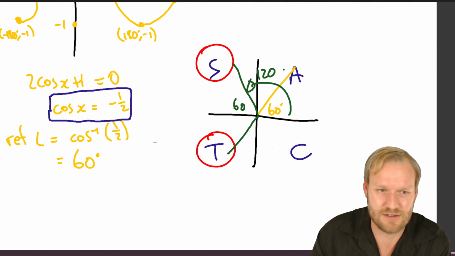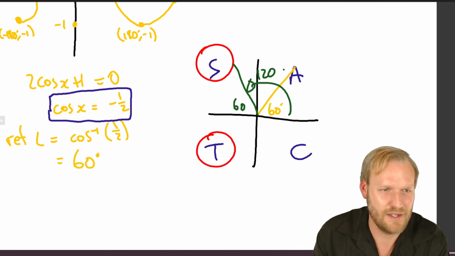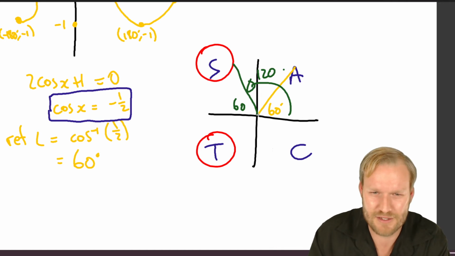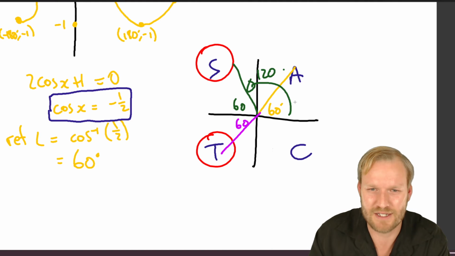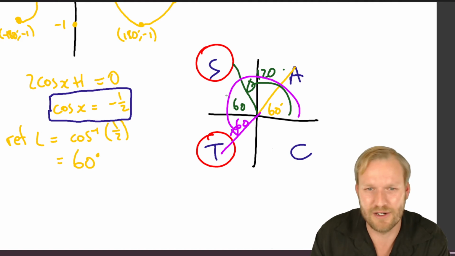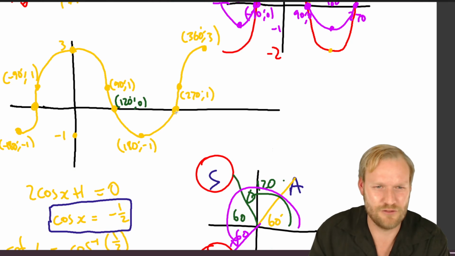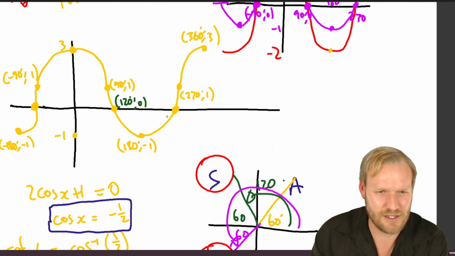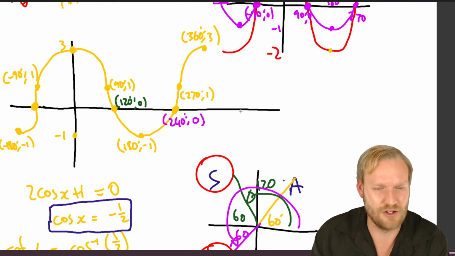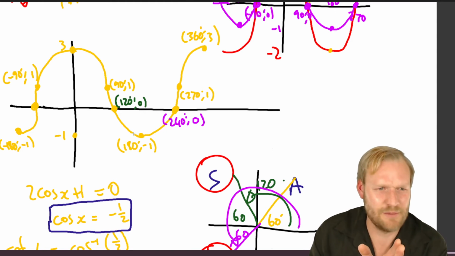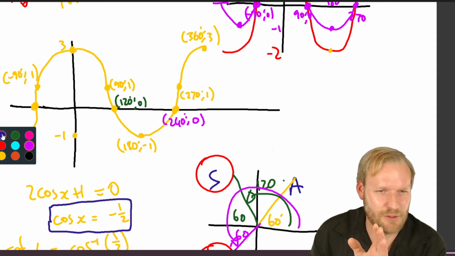So if that's 60, let's actually do that in another color. And yes, I'm flying along because this is stuff we've done. So if that's 60, then if we go all the way around there, we're at 180 plus 60, so we must be at 240. That matches our picture, 240 and 0. Now, by symmetry, I'm just going to scribble on this and then get rid of it.